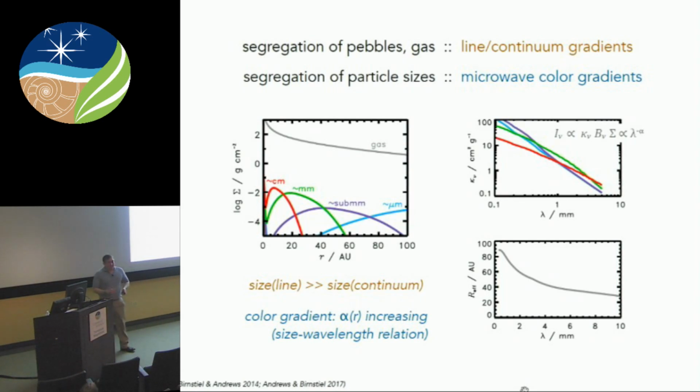But yes, large particles would make alpha go to about 2. So the effects of drift and growth are folded into these models, and they both contribute in the same way, so the shape of that distribution is affected by both things. You'd have to interpret that as well.